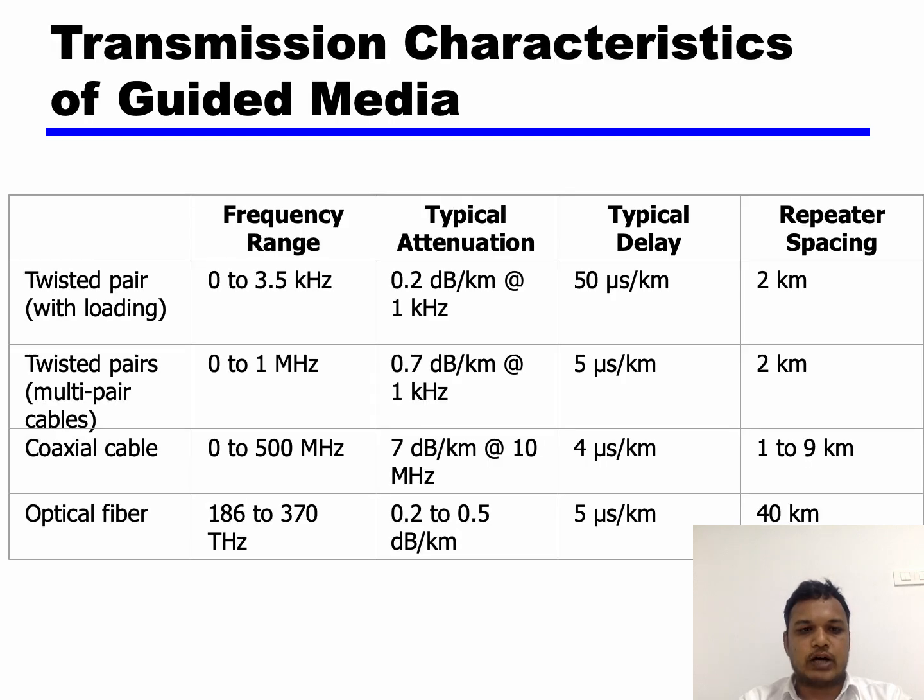This table will give you clear information about the transmission characteristics of the guided media. For twisted pair cable, the frequency range is 0 to 3.5 kilohertz.